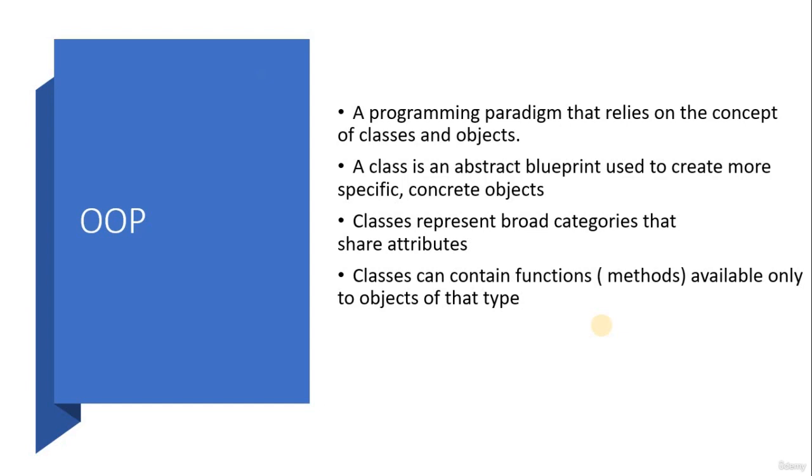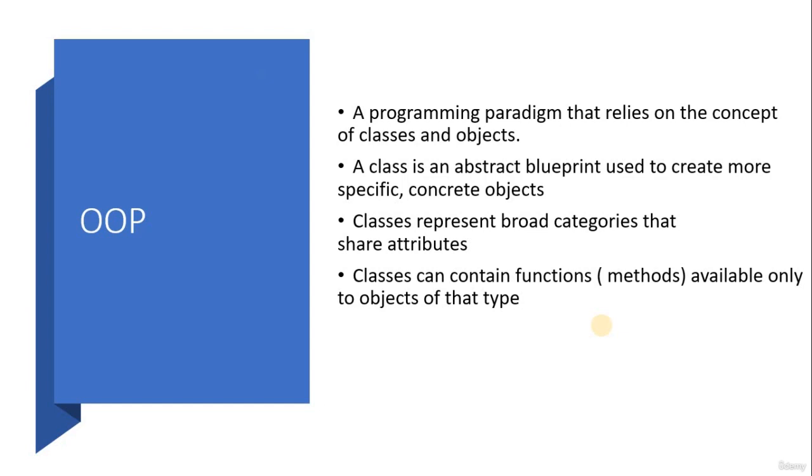So the class is the category of objects that exist, and those objects have their own behavior, which we can actually create as methods in them, and those methods do some kind of actions. For example, if they create a voice, the meow, and so on. We will see this in an example in our next videos.